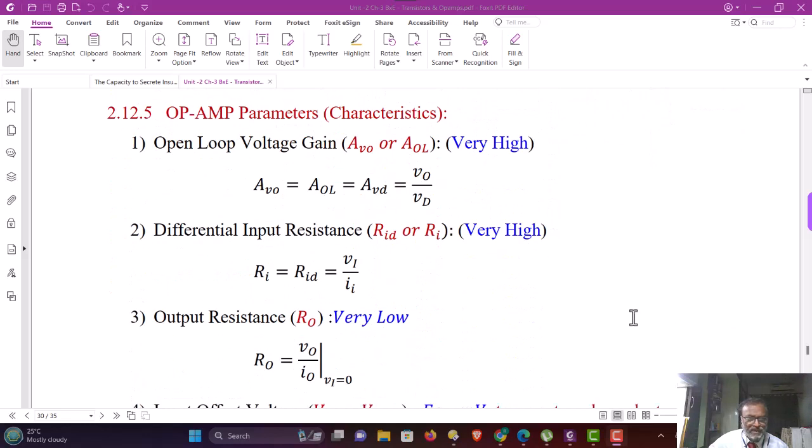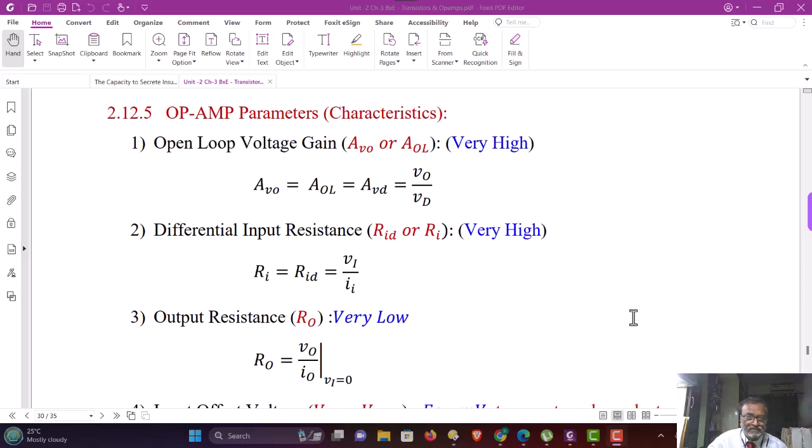The various op-amp parameters, also called characteristics, are defined as follows. The open loop voltage gain is a voltage gain term, denoted by AVO or AOL. The OL suffix stands for open loop, meaning without any feedback component connected externally.